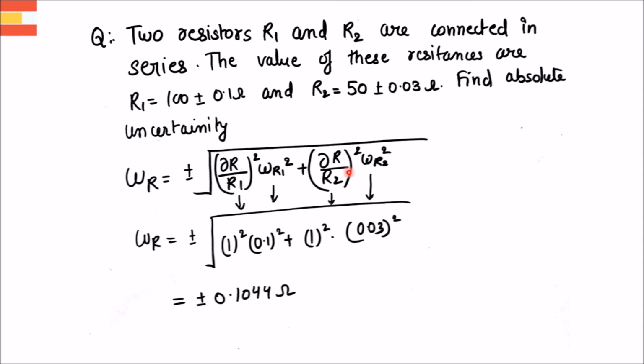Again, if capital R is differentiated with respect to R2, we again get 1. Uncertainty is given in terms of error, so omega R1 equals 0.1 and omega R2 equals 0.03. You just have to substitute the values and calculate the uncertainty.